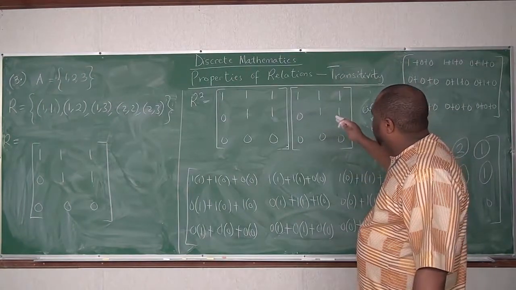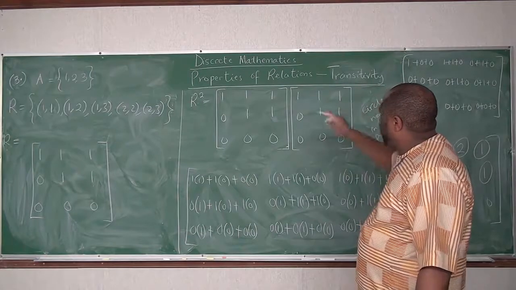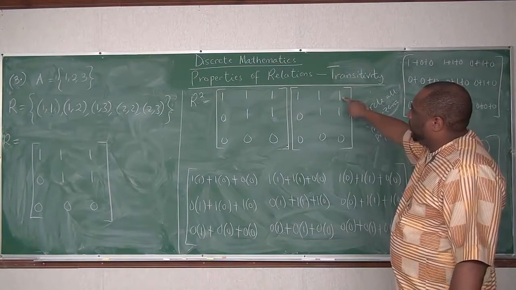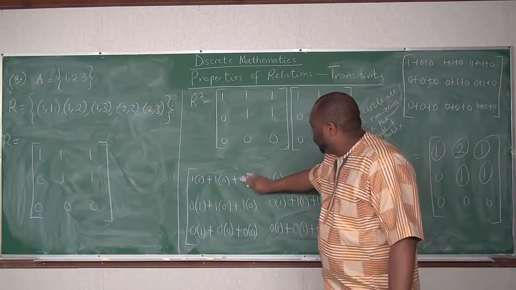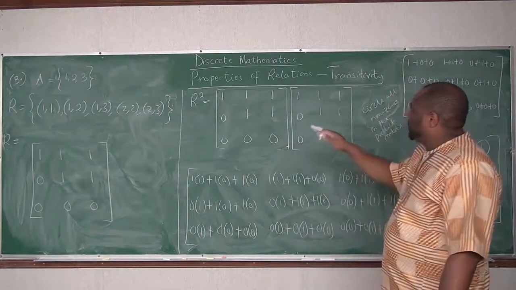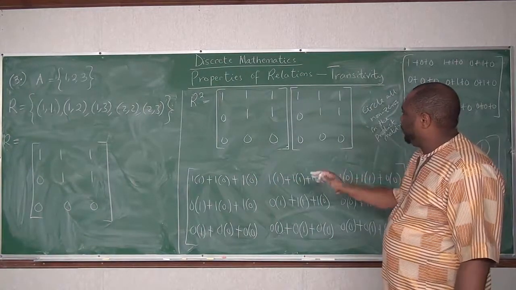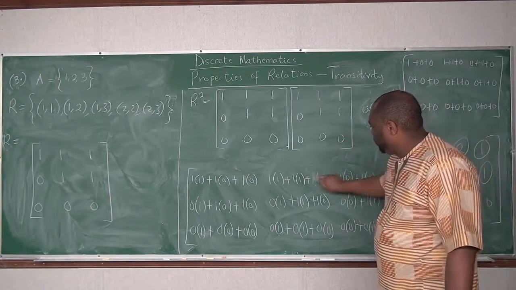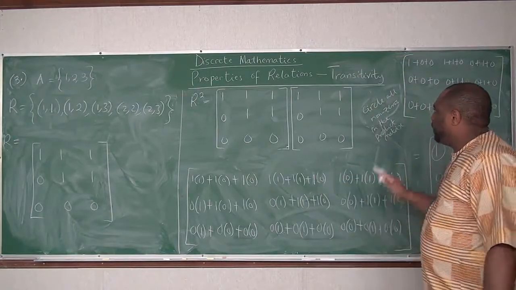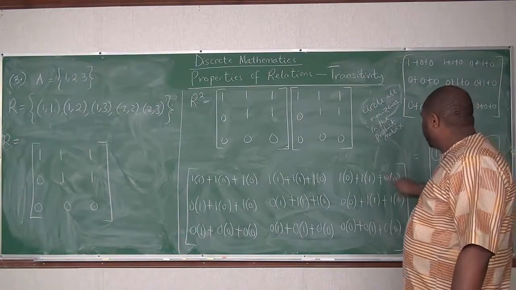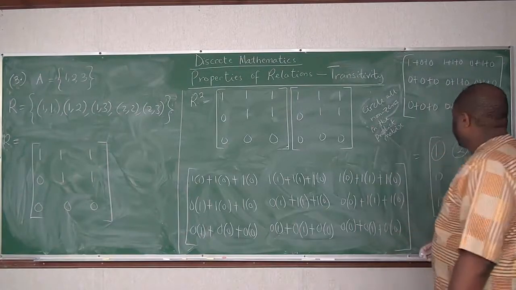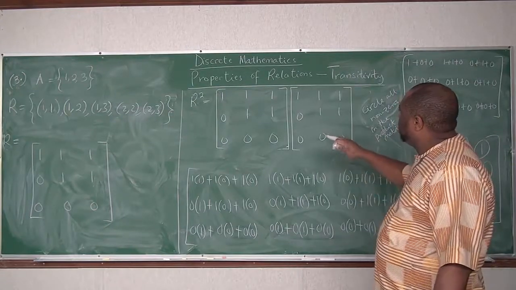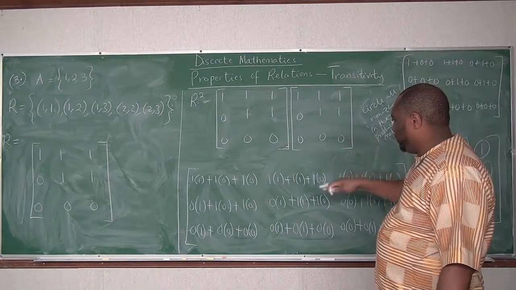1 times 1 plus 1 times 0 plus 1 times 0. Row by column. 1 times 1 plus 1 times 1 plus 1 times 0, this will be 1 here. 1 times 1 plus 1 times 1 plus 1 times 0, 1 here. Then 0 times 1 plus 1 times 0 plus 1 times 0, no problem.